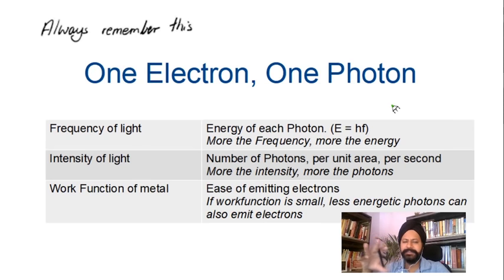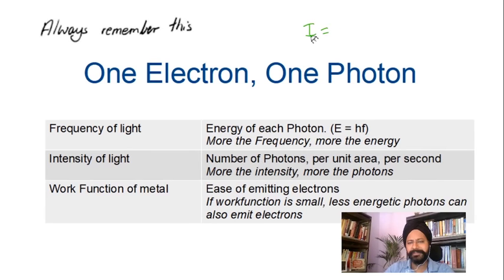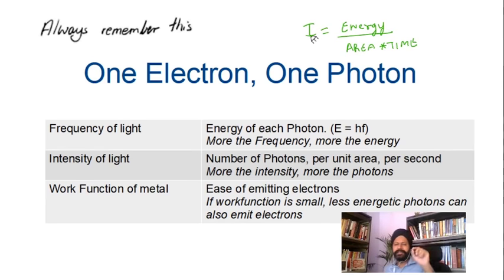Secondly, intensity, and this is why the wave theory failed. In the upcoming classes, maybe we'll cover that in detail. But for now, what is intensity of light? It's the number of photons. The definition of intensity is energy per unit area per unit time. If you are increasing intensity, you are not increasing the photon's energy.